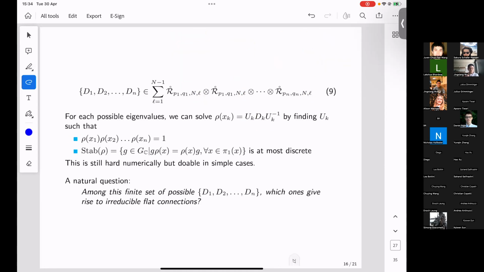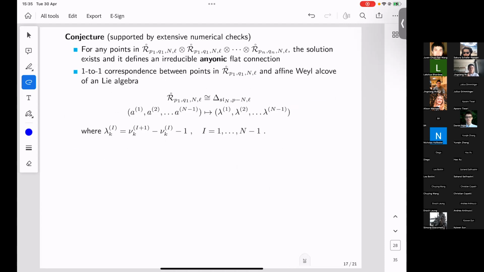So now the natural question is, among this possible set, each point in the set gives us a possible candidate of eigenvalues, and among the set, which ones solve these two conditions, that is, give us valid irreducible flat connections? So let me tell you our conjecture.